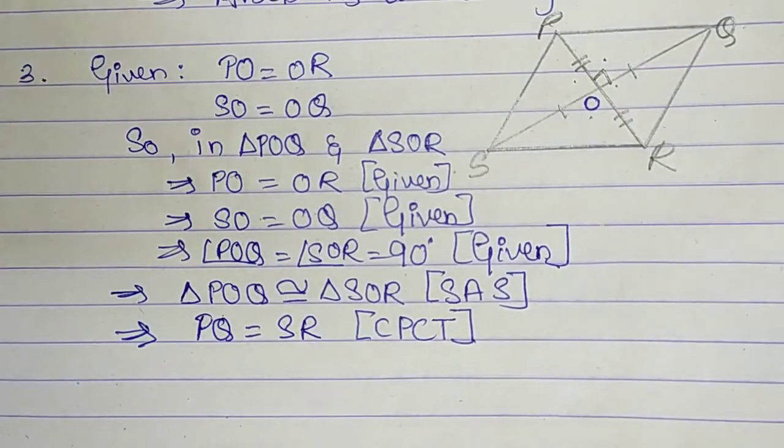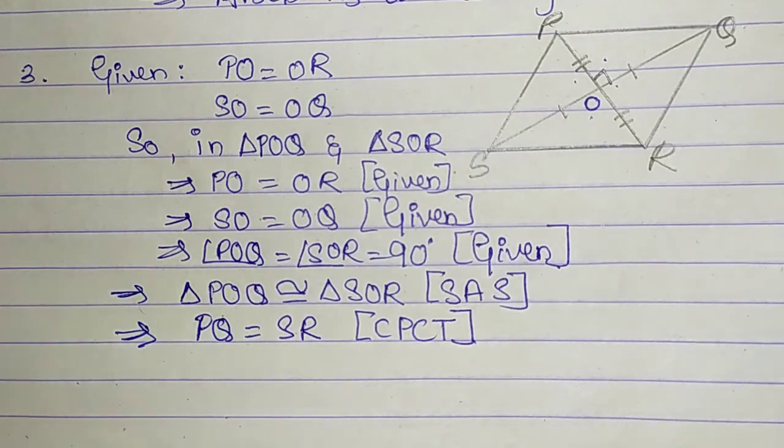So now there is a theorem which says that if in a quadrilateral the opposite sides are equal, then that quadrilateral is a parallelogram. That is theorem 3. If each pair of opposite sides of a quadrilateral are equal, then it is a parallelogram.